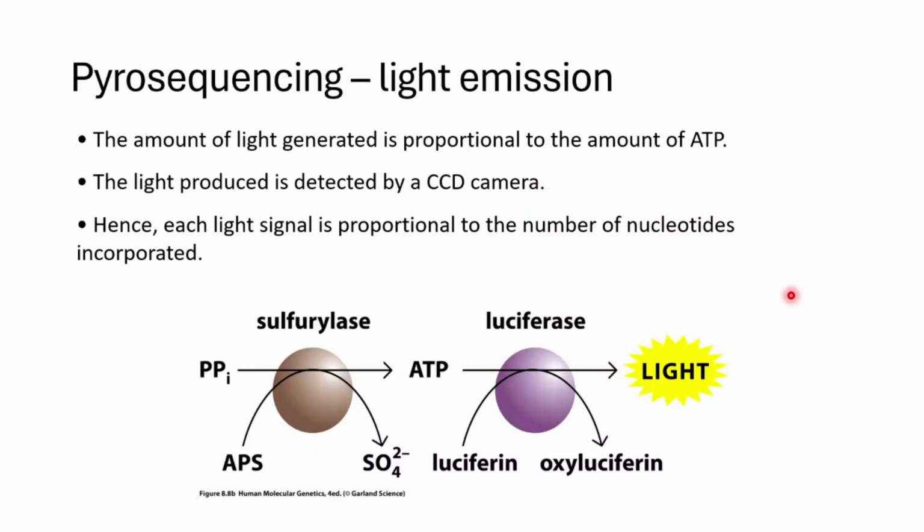Yes, Alex? It doesn't know to stop at one nucleotide, right? So if you had 10 T's in a row, it would just burn through all of the T's, wouldn't it? So you wouldn't be able to find the homopolymers very easily? It would. So you're telling me basically that it adds those A's and just burns through them. Yeah, you could try to correlate it with the amount of light, I imagine.